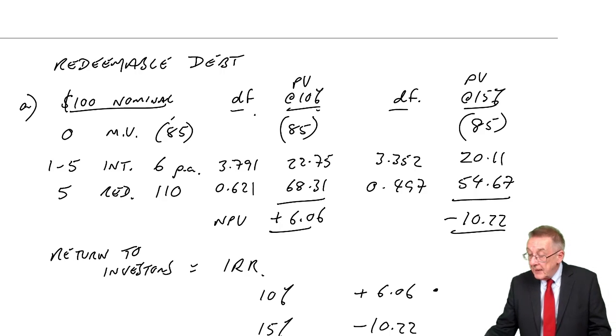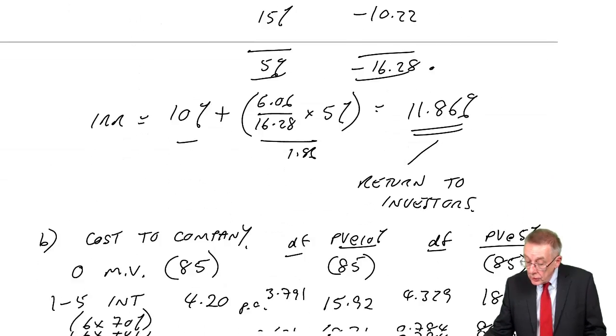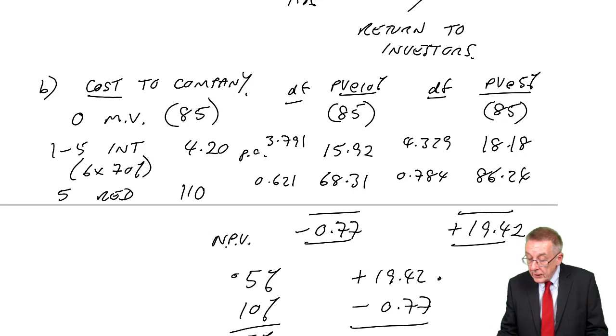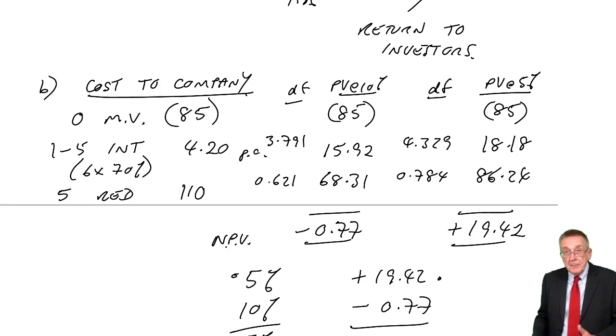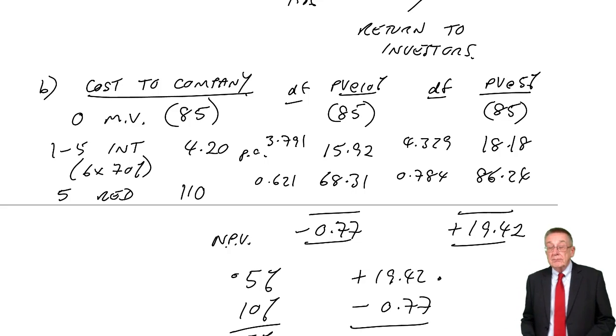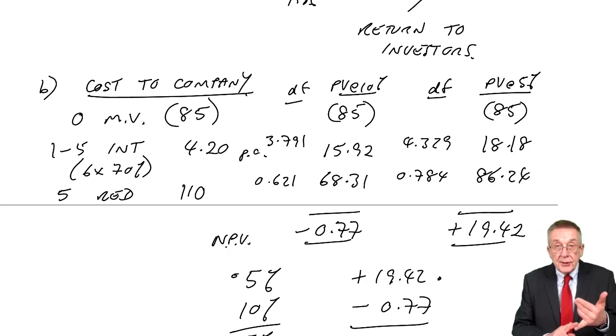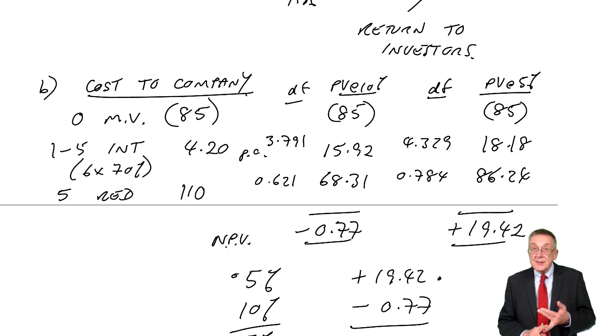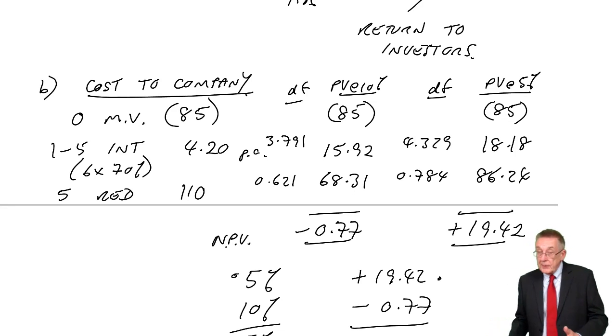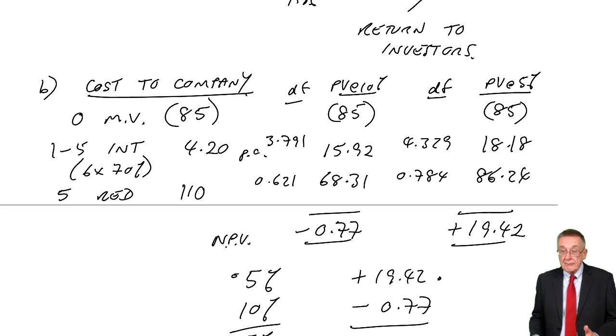But it's rarely you'd be asked to do that. Usually, well, virtually always, it's the cost to the company we're after. So you go straight to Part B. You get the after-tax flows. Interest is tax allowable, the repayment isn't. And you work out the internal rate of return.